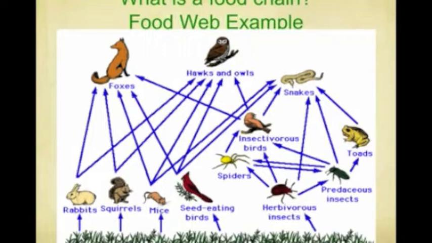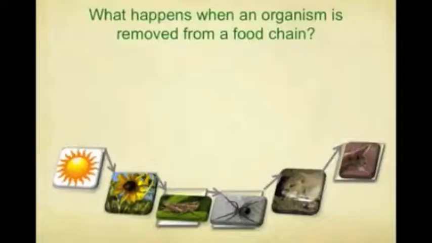However, this is a very, very simplistic way of showing energy relationships too, because as you can see, there's no worms, no decomposers, and these relationships are extremely complex. So even a food web is just a simple way of showing energy relationships in an ecosystem.